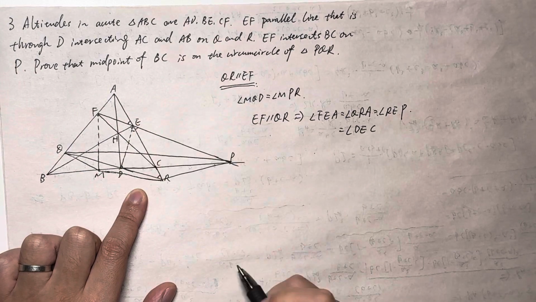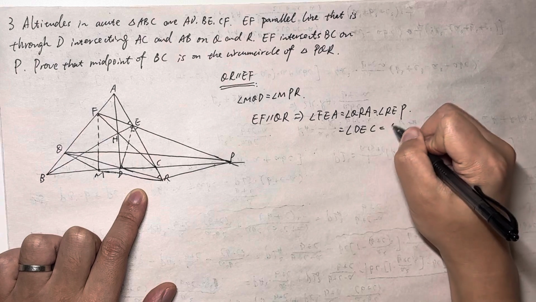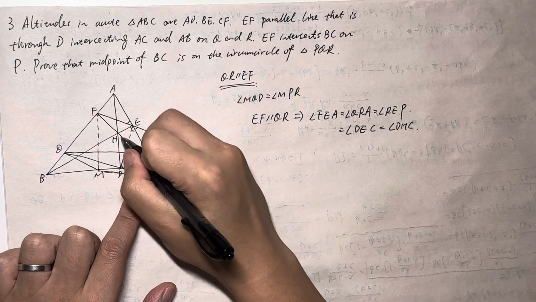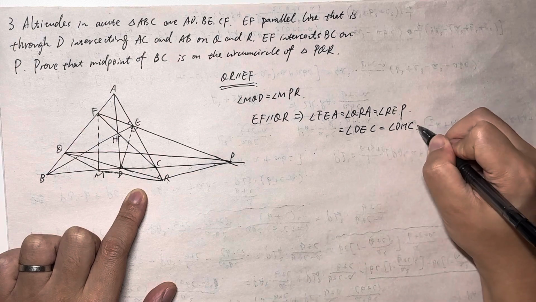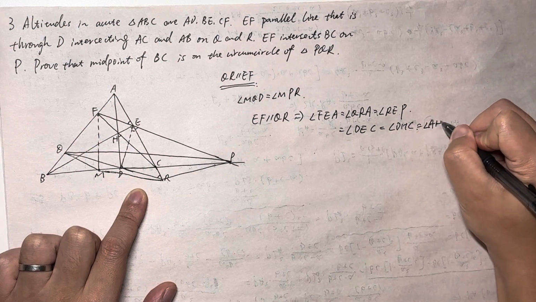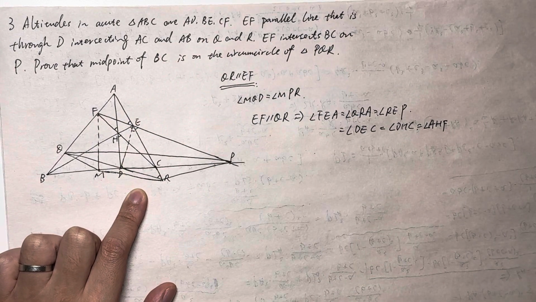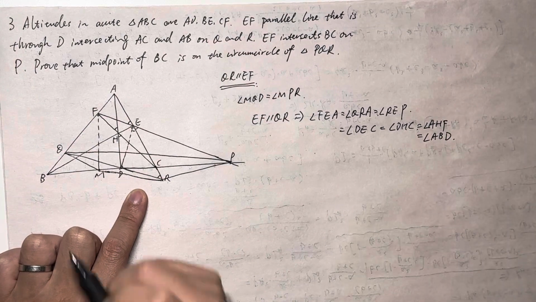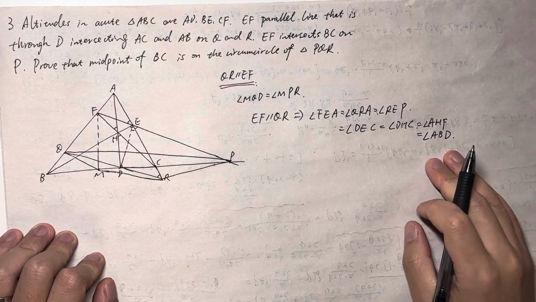Here is H. And angle DEC equals angle DHC, and equals angle AHF, and equals angle ABD. We just put down as much as we can.